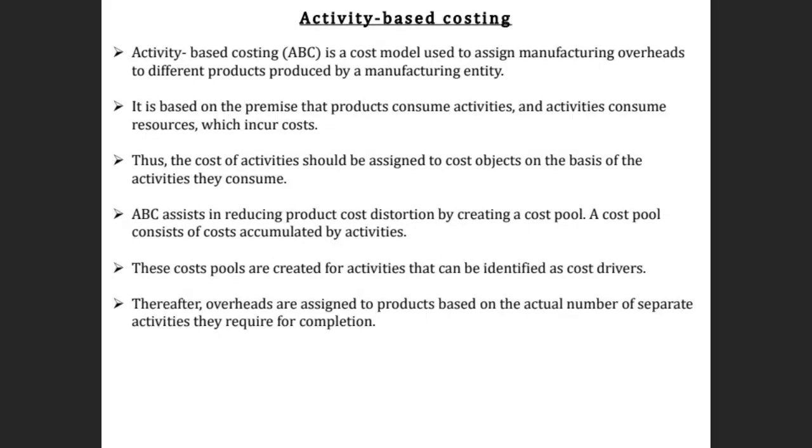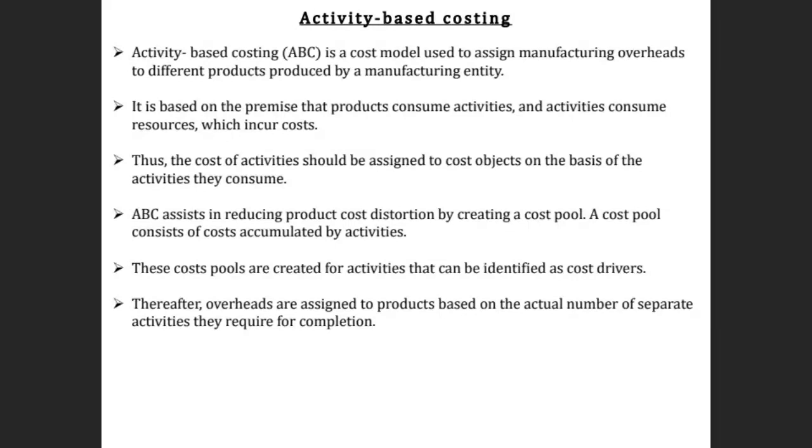There are different activities that need to be performed in order to produce a particular item and sell it off. This is what we're looking at under activity-based costing. What are all the different activities that go into the production process? Then let's assign costs on this basis and work out the total cost of production.